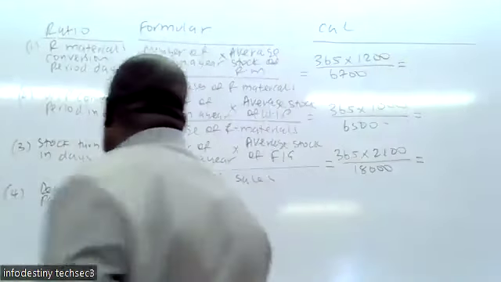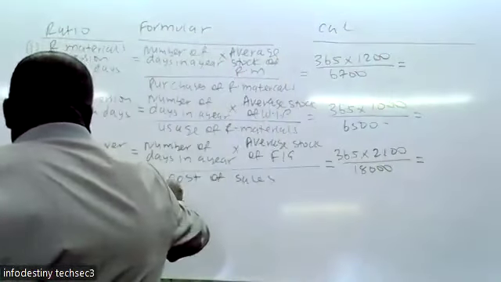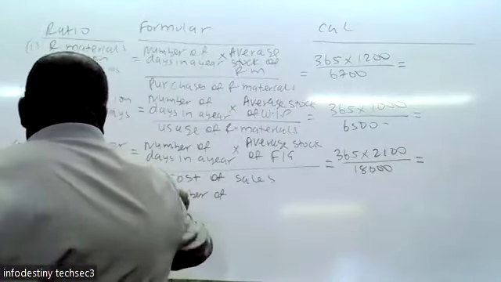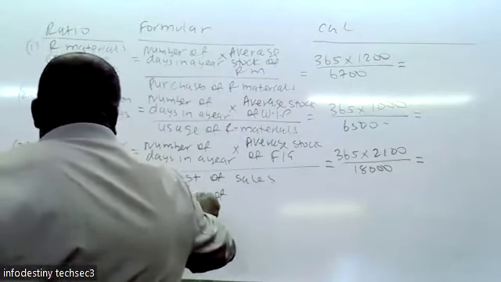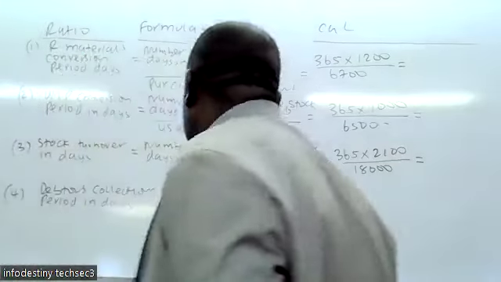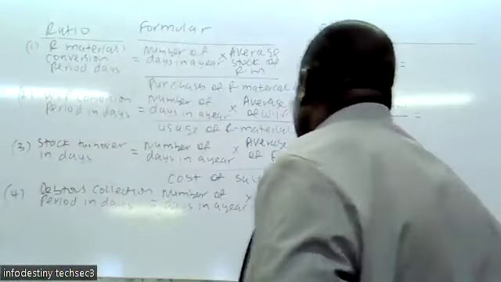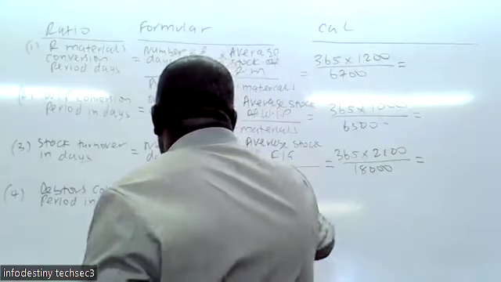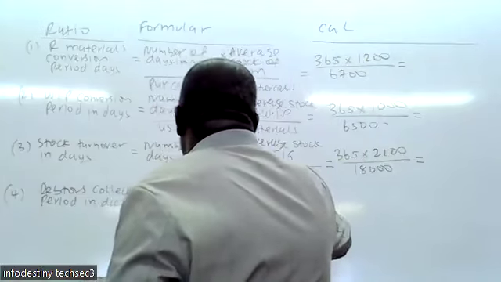We start with the number of days in a year, multiplied by average debtors.